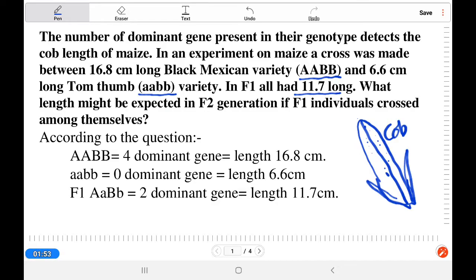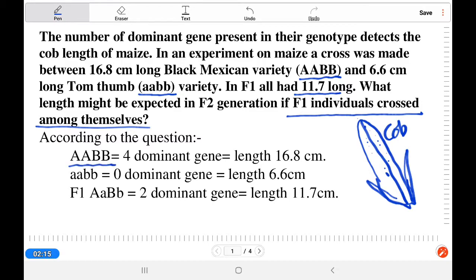What lengths might be expressed in the F2 generation, if the individuals are crossed among themselves? Now in polygenic inheritance, you know that according to the number of dominant genes, the characteristic will change. So let's see this one.